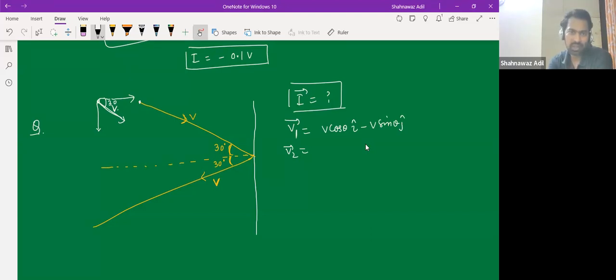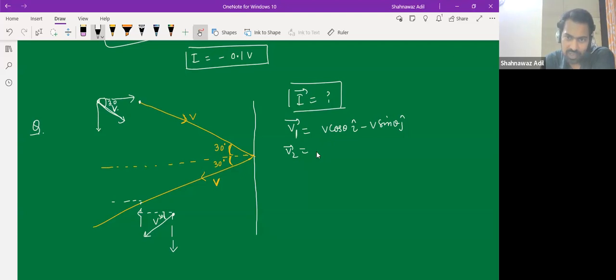Yes, sir. For the case of V2, I have this V2 with velocity V, and these are the components. The angle is 30, so this would be 30 as well. What would be V2, guys?